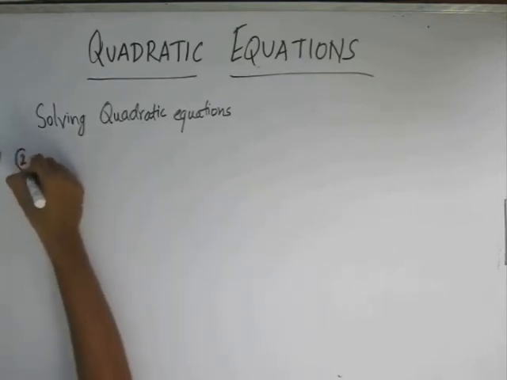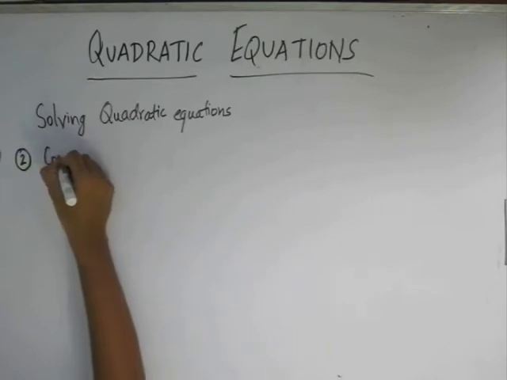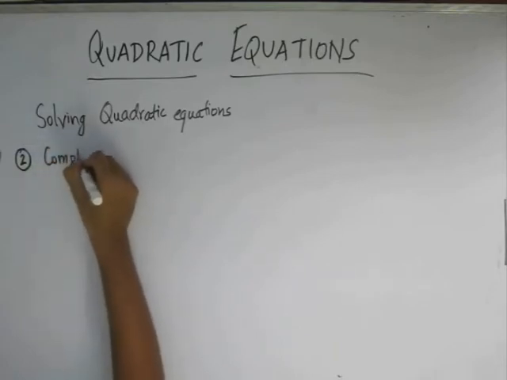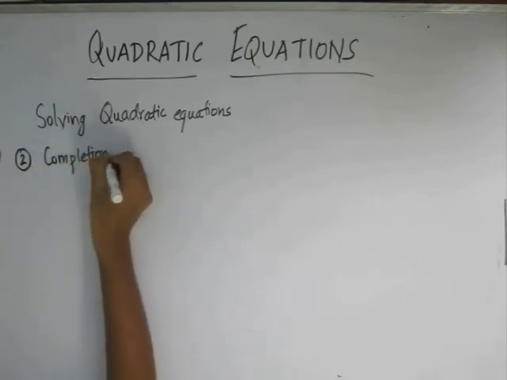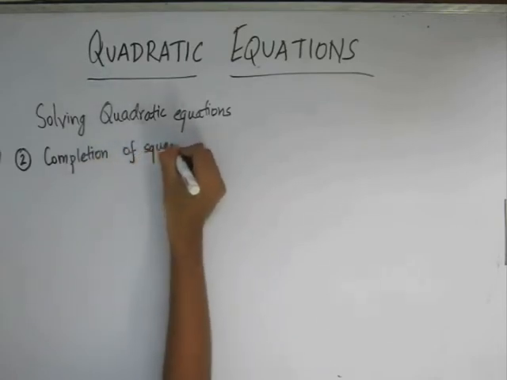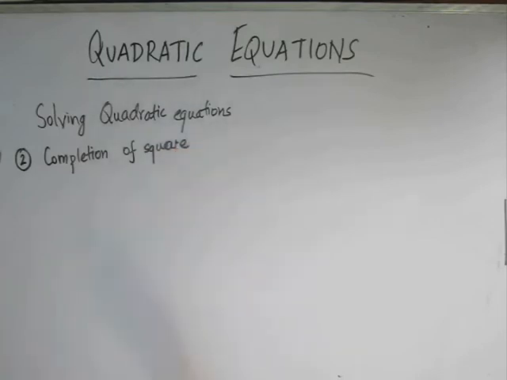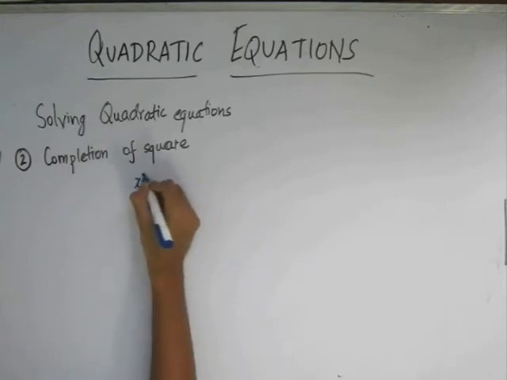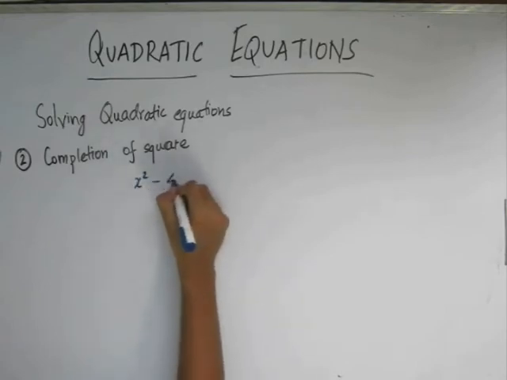The second method that we follow is called completion of square. This again is a very simple method, and I will show you how to use this method using the very same example.